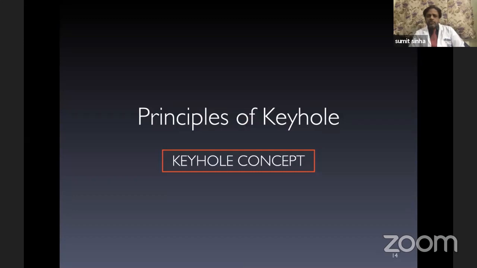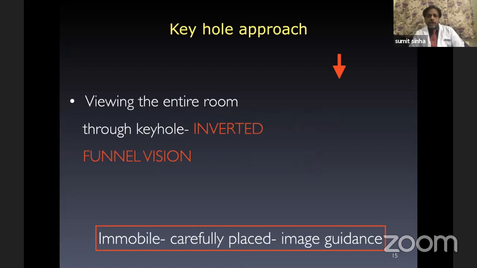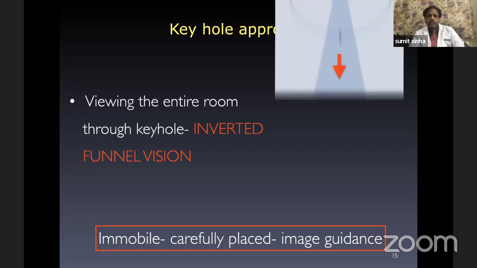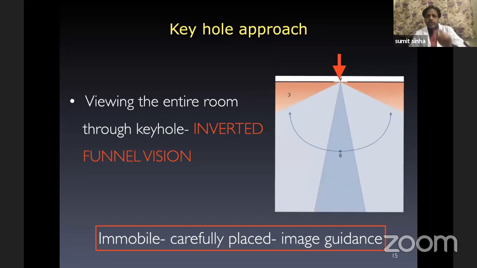Now, coming to the principles of keyhole, what is the keyhole concept? It is very important to understand before you start doing these procedures. Let's see what it actually is. The keyhole approach is a small opening through which you can see, like looking at an entire room through a keyhole.